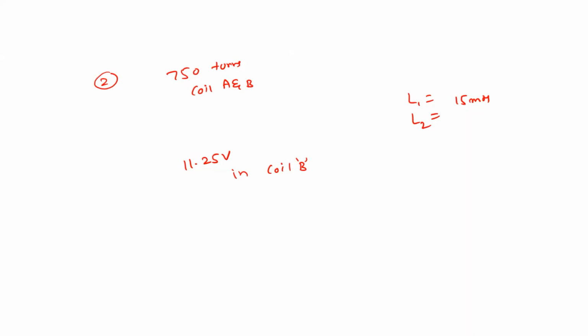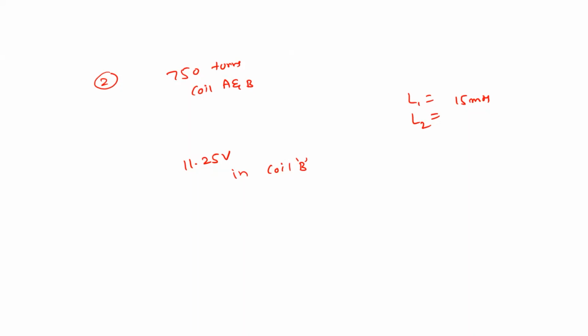That means you need to find the mutual inductance. Self-inductances are given, so you need to find the mutual inductance. So next is calculate the flux produced in coil A per ampere.